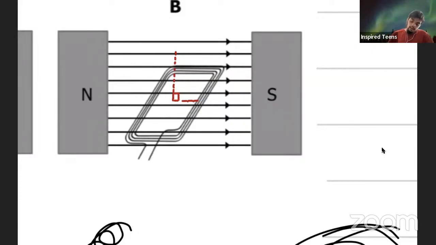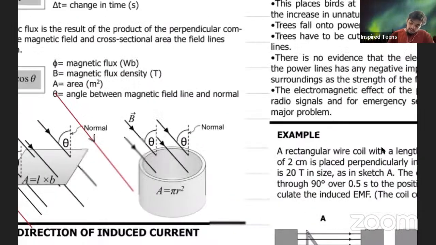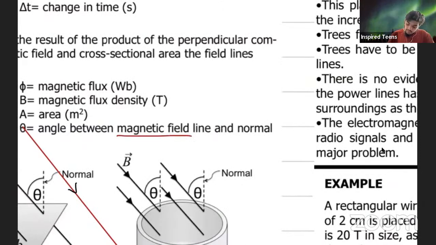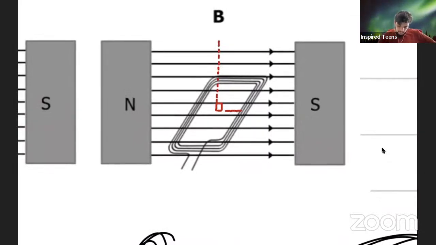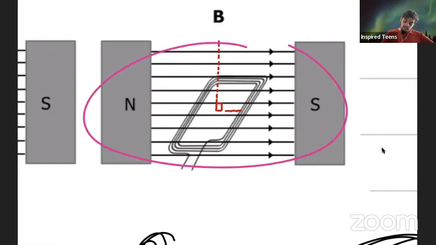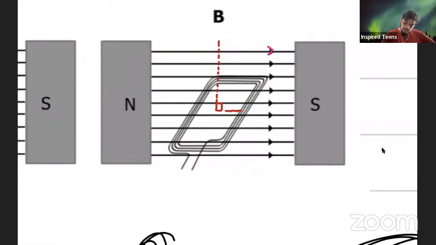The two directions that we compare are the magnetic field line and the normal line. The normal line direction, I've determined, is vertical. The magnetic field line is given here. It's always from north to south, so the direction of the magnetic field line is from left to right.